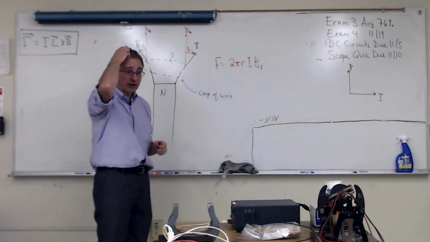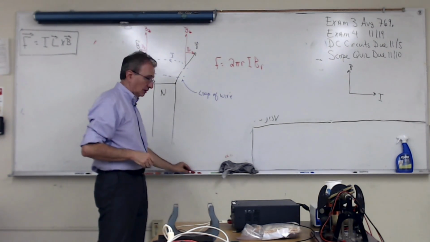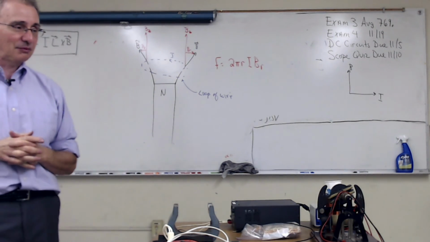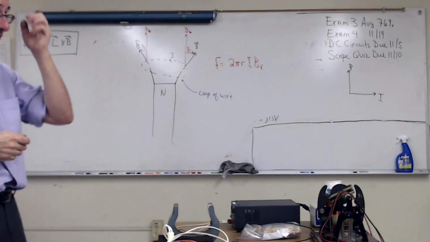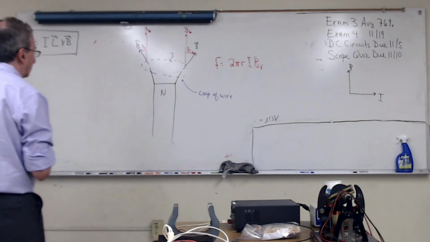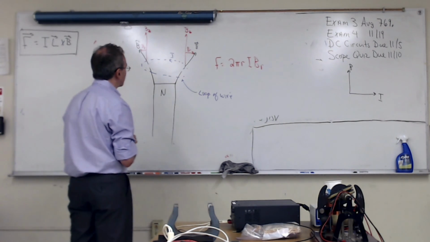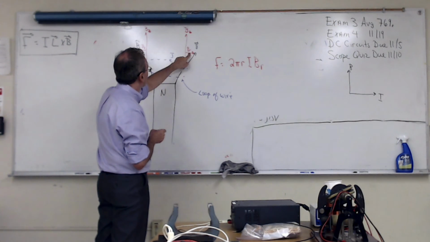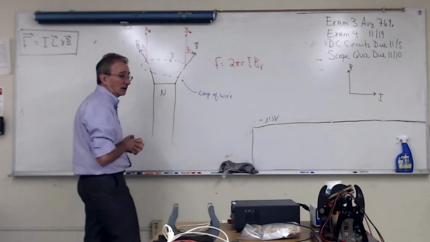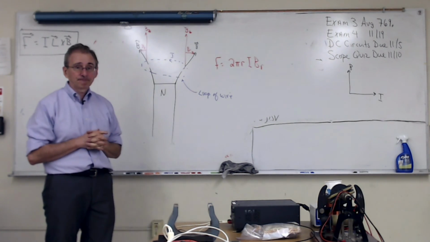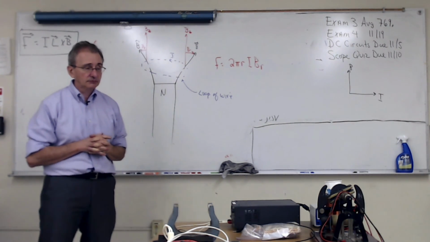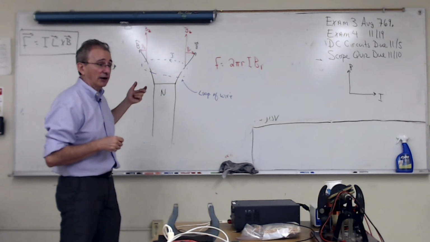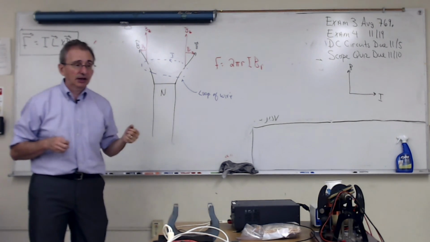In fact, there's a problem in your book, so that's a good problem for you to try to do. You can also show that the force is going to be perpendicular to both this and I, which will be in the z direction. So that's an example where you have a loop of wire in a non-uniform field.